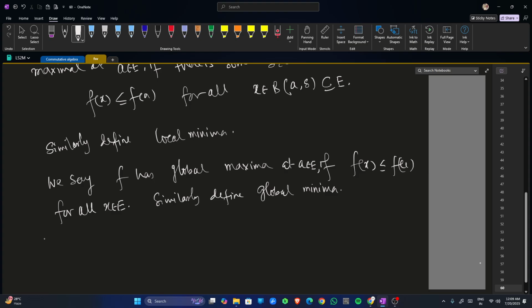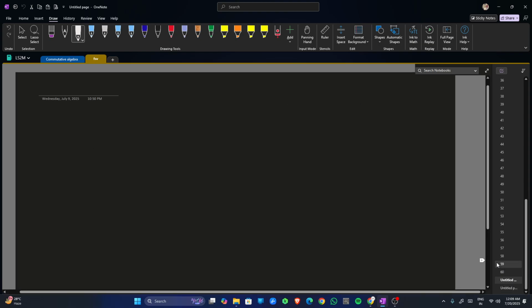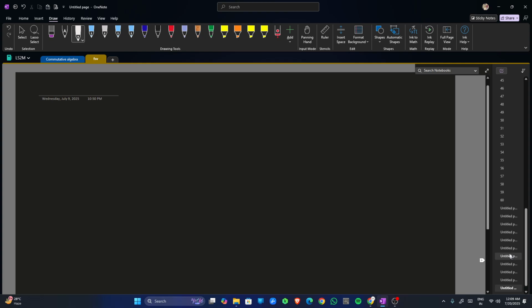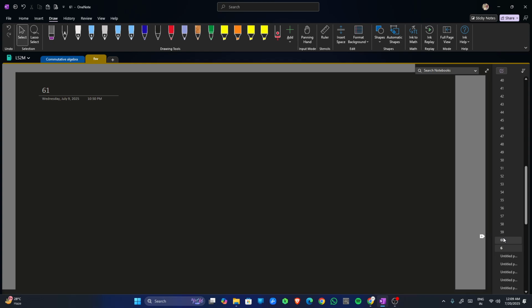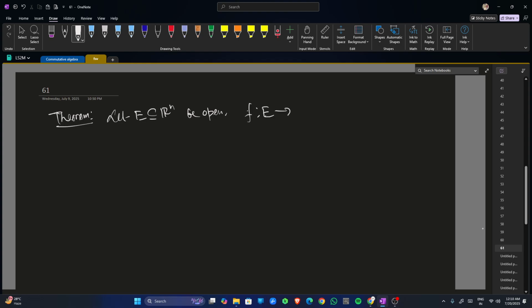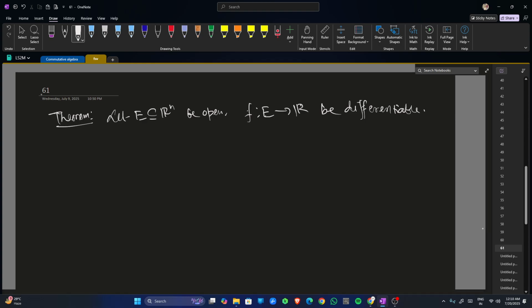Theorem. Let E be open and f from E to R be a mapping. No, we don't need differentiability.